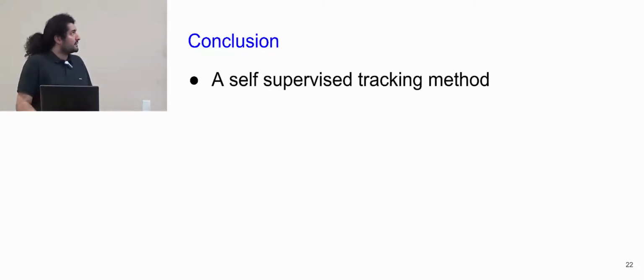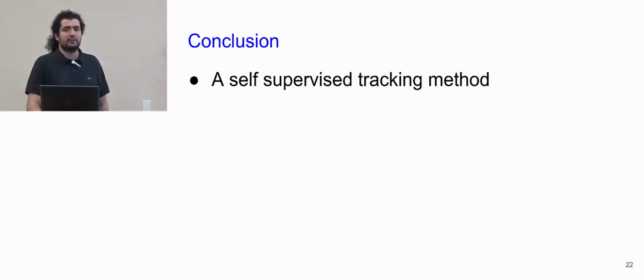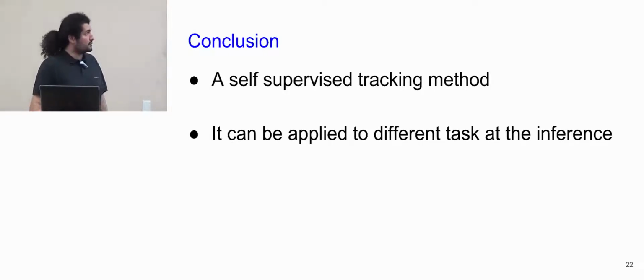And at the end, they propose a self-supervised tracking method. This is important because finding labeled data is really hard. Also, annotating data sets is really expensive. So it can be useful for our deep networks. Also, it can be applied to different tasks at inference time.